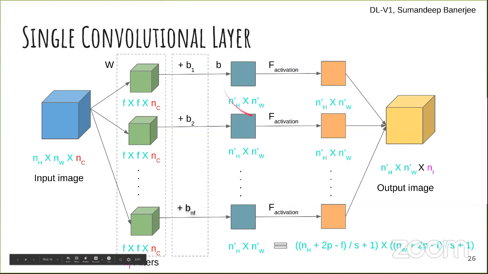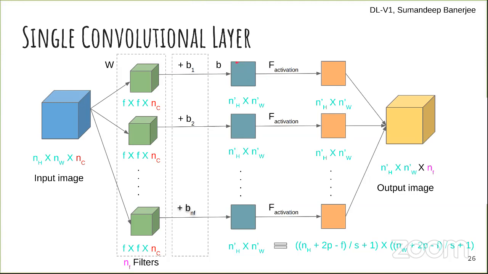Okay, then the output of each filter is nh dash into nw dash, which is dictated by the amount of padding, the size of the filter and the stride we have chosen. And then the output of the filter, we pass it through a pixel-wise activation function.